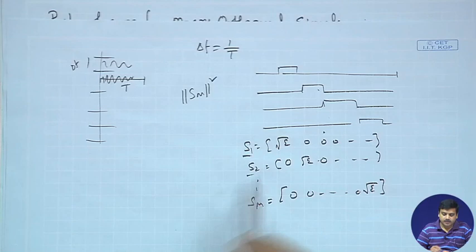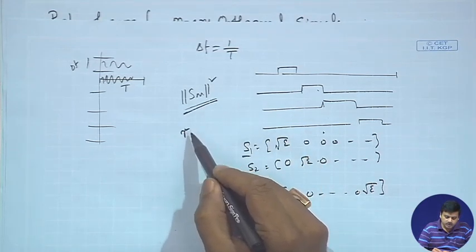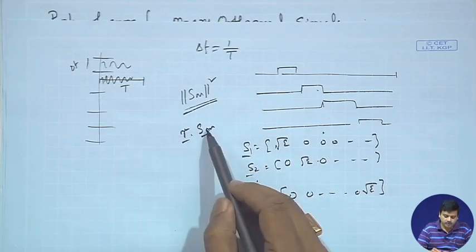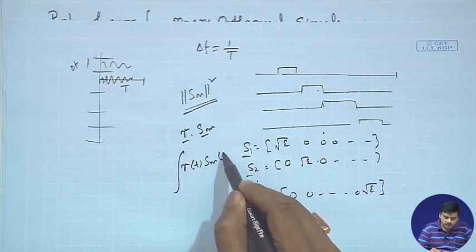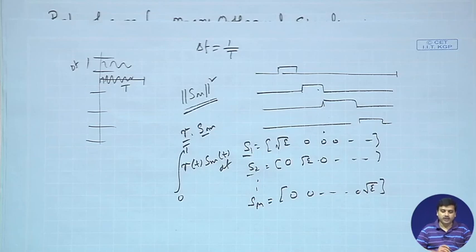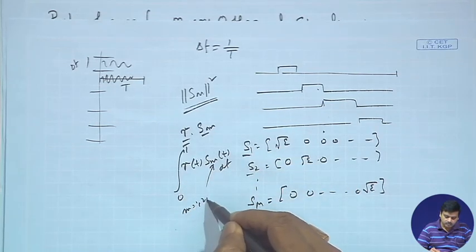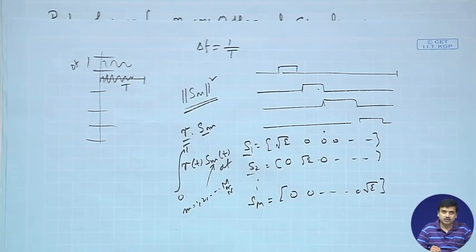So, they are all of equal energy, and at that point we said that if |Sm| squared is the same, then we need not take this term and we could concentrate on r dot Sm, that is the component of r on Sm, or we could take the integral of r(t) Sm(t) dt from 0 to T, that is the correlation of r on Sm(t), and we would select that m, or n, because we used both to mean the same.